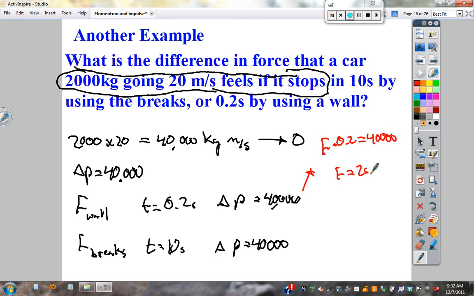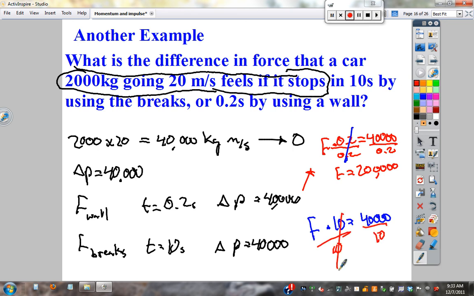So force hitting the wall equals 200,000, because you divide by 0.2, divide by 0.2, and these cancel. Now I know force here, force from the brakes times 10 equals 40,000. Divide by 10, divide by 10, cancel. And this force is 4,000, but I'm not done. What is the difference in force? 196,000.